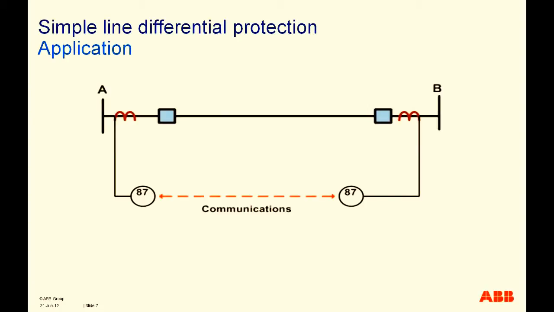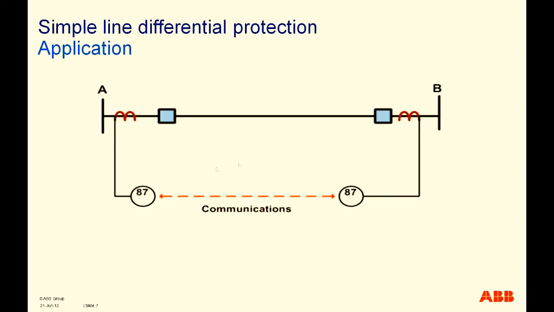So line differential protection, this is the basic idea of line differential protection. You have station A and station B, and between that you have a transmission line, you have two breakers, one breaker on the substation A side, another breaker on the substation B side, two CTs connected on each side of it, and a line differential protection box connected to this CT at station A, and then another box connected to this CT on the station B side.